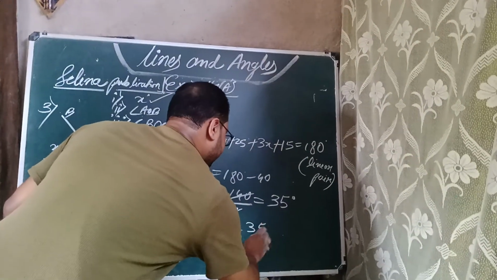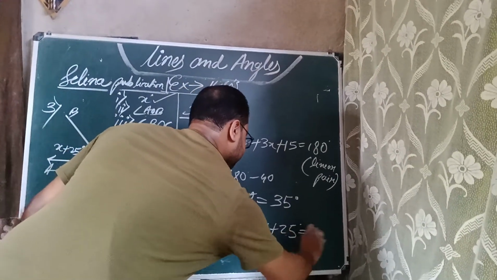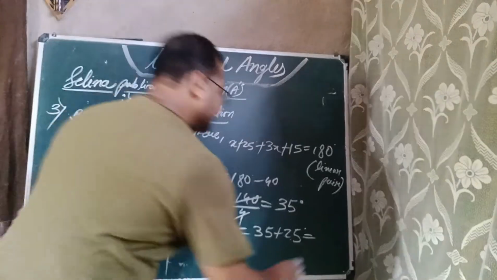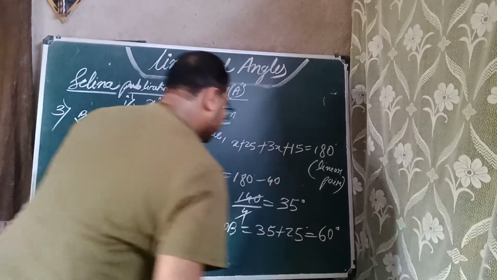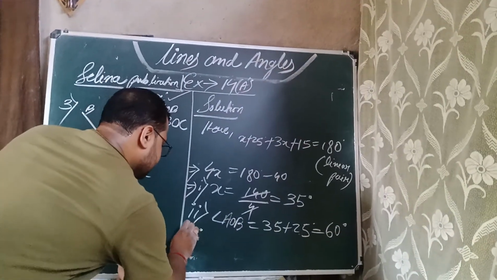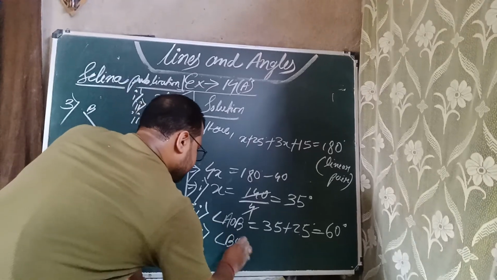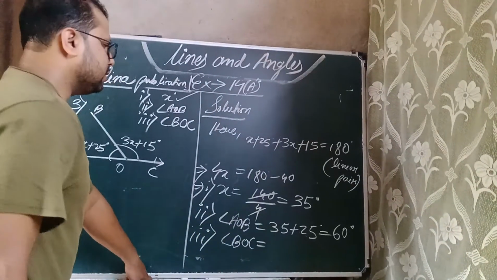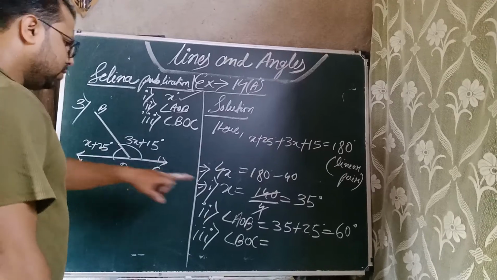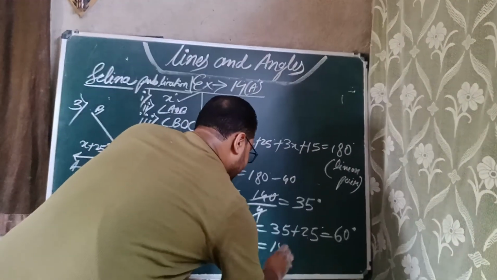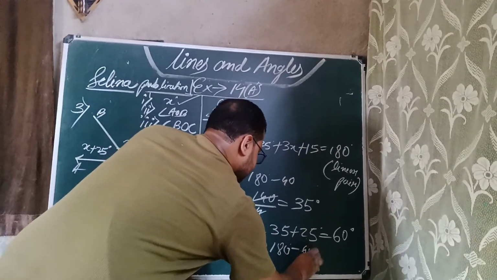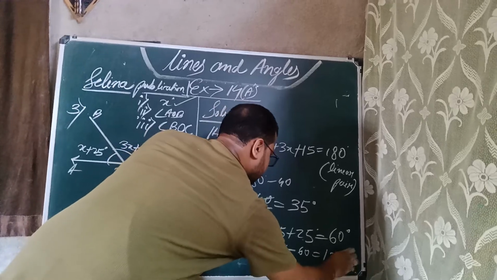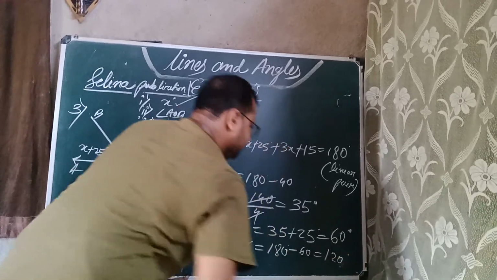So 35 plus 25. How much, students? 60 degrees. First class. And third, angle BOC. Angle BOC is what? 180 total. For 60 I got. So we can write 180 minus 60. That is how much? 120 degrees, students.